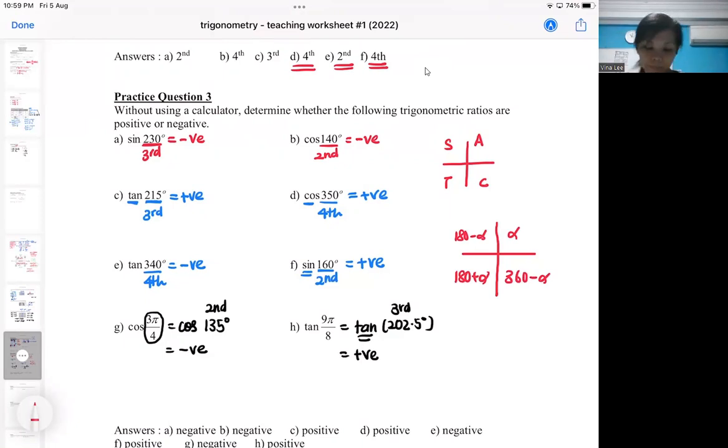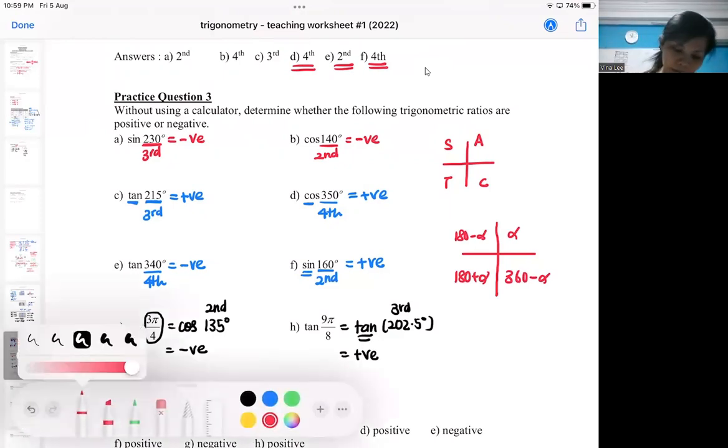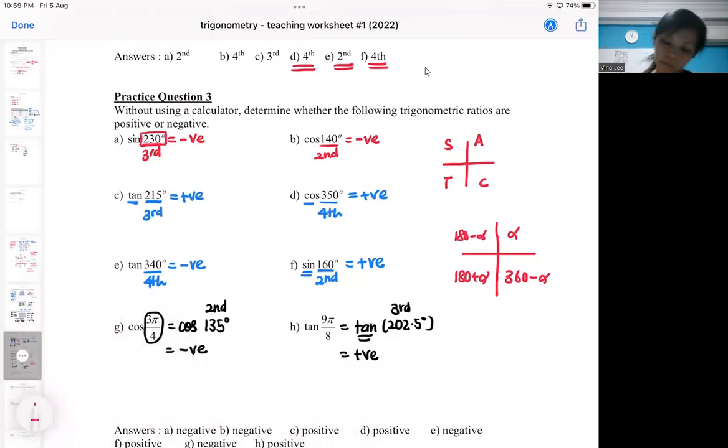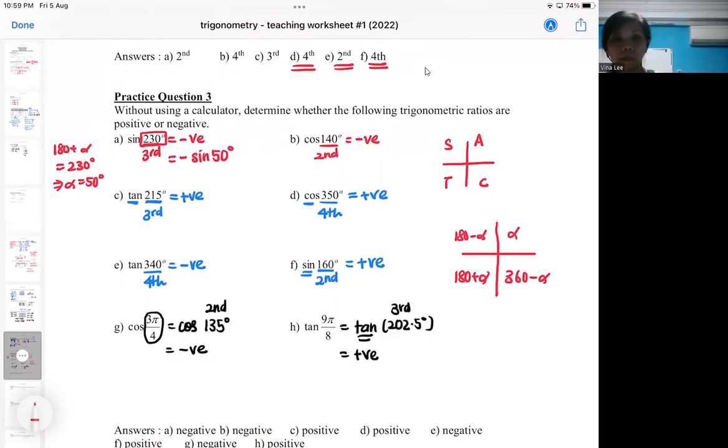So for example, this one is in the third quadrant. Using the third quadrant, 180 plus alpha equals 230, alpha is 50. So it's actually minus sine 50. The next one is an obtuse angle, second quadrant. What is the basic angle here?